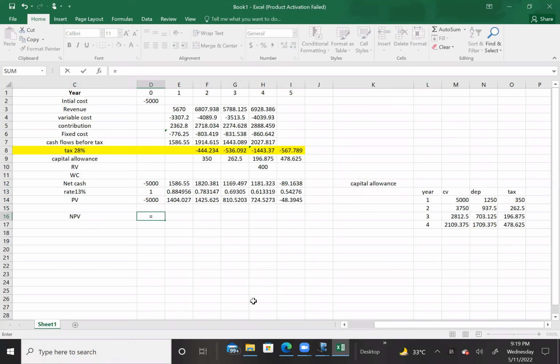For NPV, again use sum, select the present value of these cash flows and press enter. You will get the NPV of negative 683. This is negative NPV.